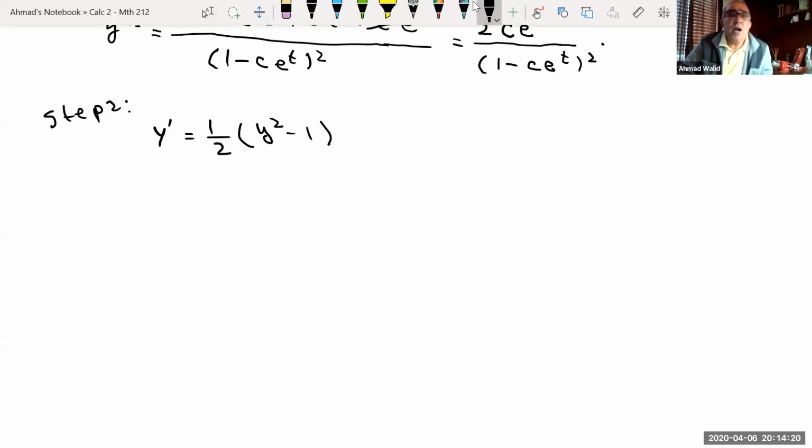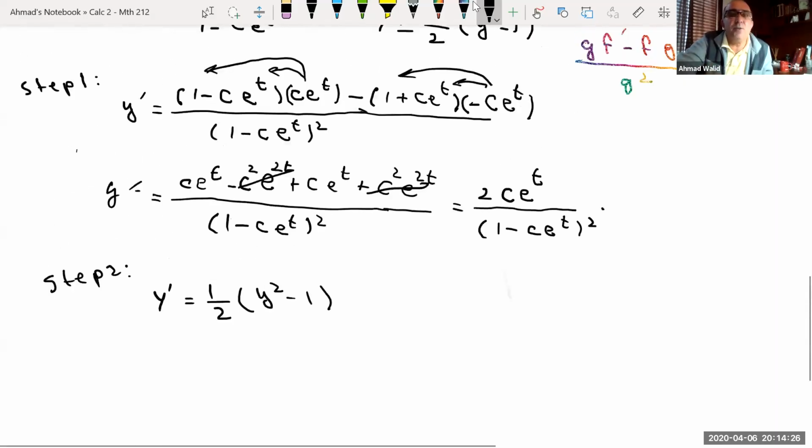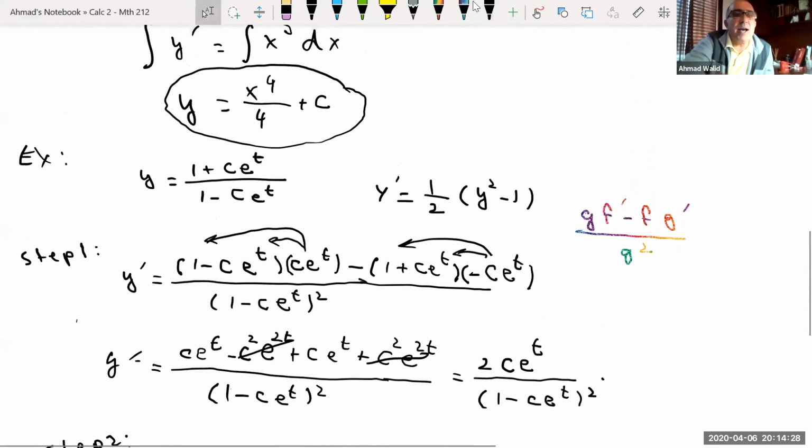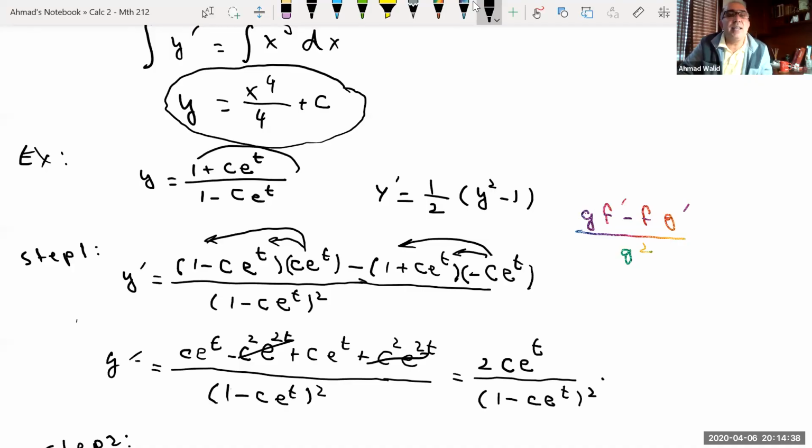What I do, I'll plug the value of y here and I will simplify. You see how much is y? The y is given to you as 1 plus ce to the t over 1 minus ce to the t. I'll take this value and I'll plug it here in y, correct?